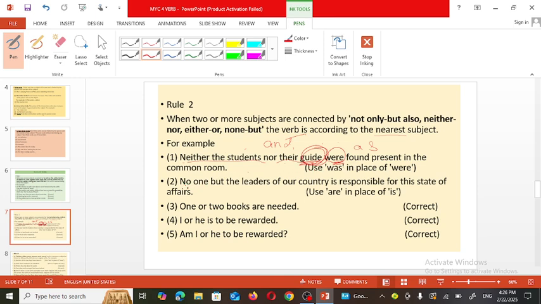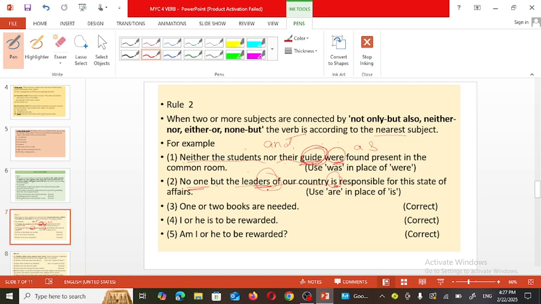See the next example. No one but the leaders of the country. No one and leaders, two subjects are there, but leaders of the country is the immediate subject to the helping verb is.